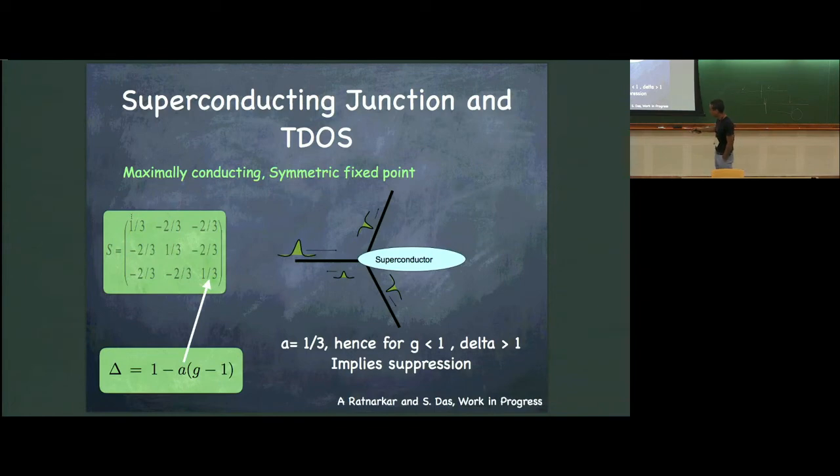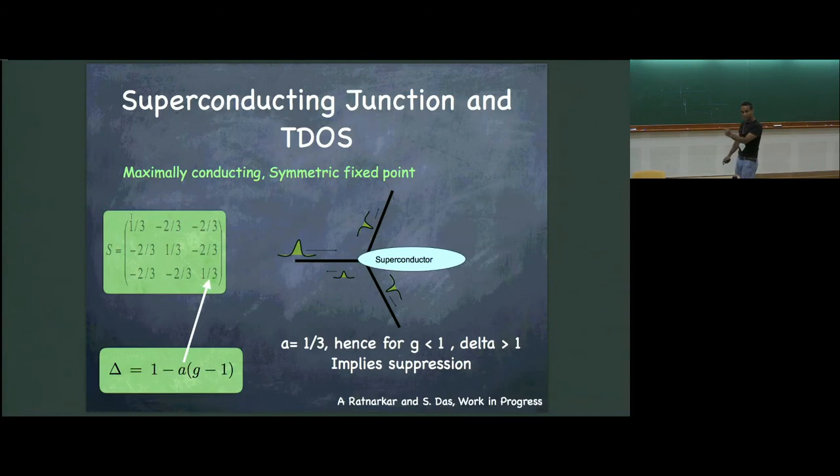If you take this and calculate the tunneling density of states, you get the same expression, except now superconductivity gives rise to a suppression of tunneling density of states. Initially I showed you that for a normal junction at the most symmetric fixed point, you get an enhancement of tunneling density of states because of Andreev processes.